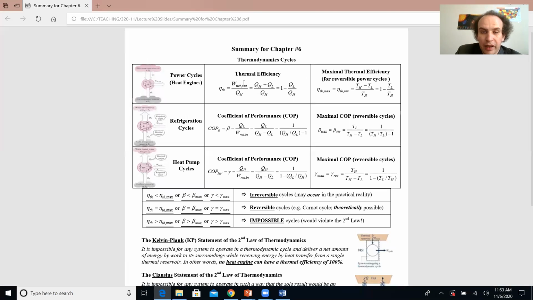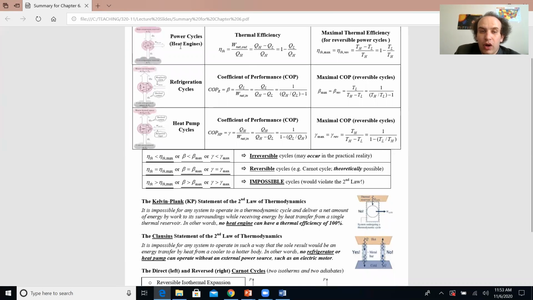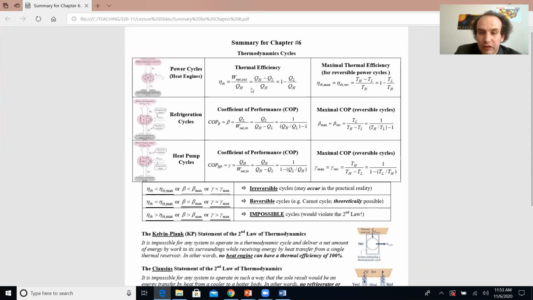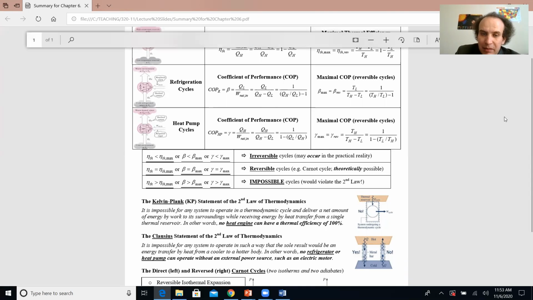So what should you clarify? We talked in chapter 6 about thermal efficiencies for power cycles, and coefficient of performance for refrigeration and heat pump cycles. You know the formulas, how they look. These are the formulas for coefficient of performance and for efficiencies. And here you have a formula for maximal efficiencies and maximal coefficient of performance. And what is your task? Your task is to calculate this one and this and compare.